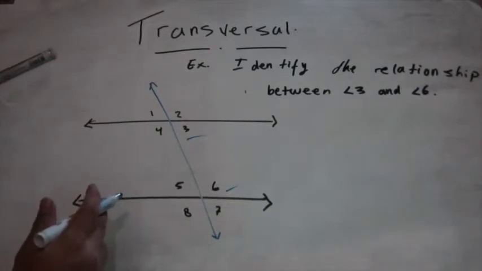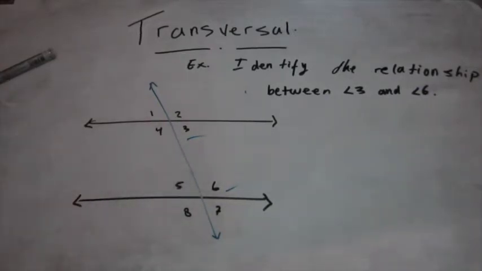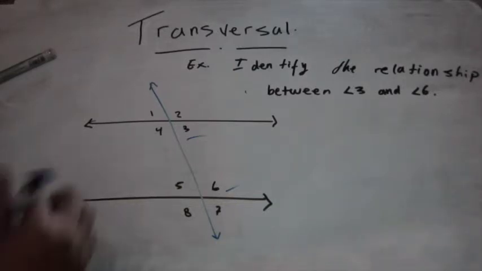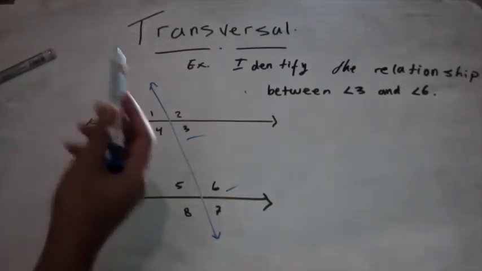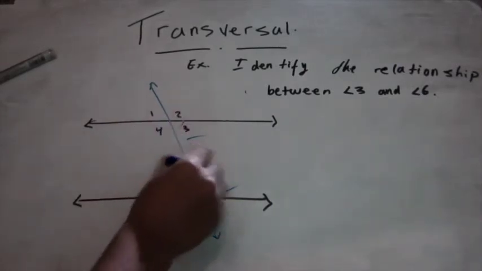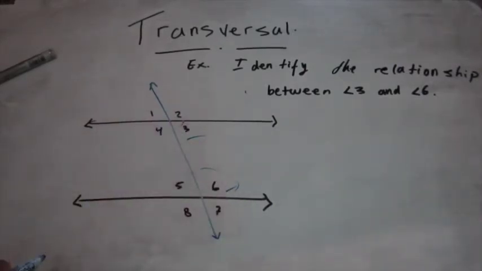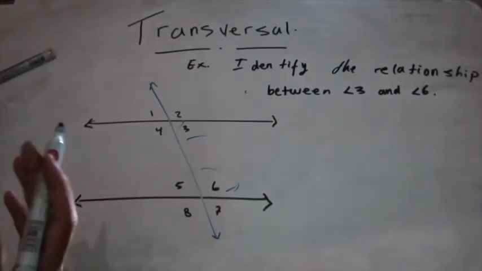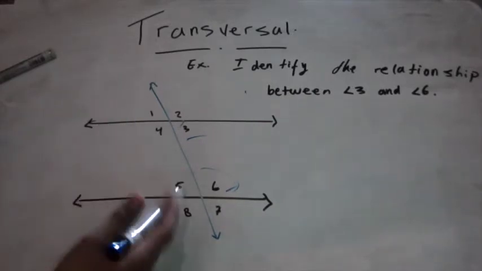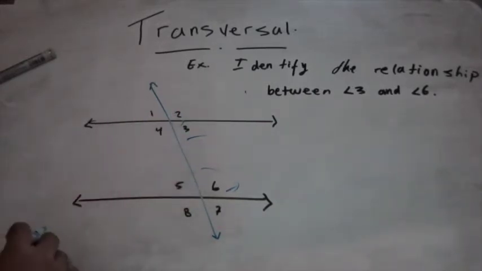In addition, they are supplementary, and they add up to 180 degrees. How do I know that? Well, there are only two angle measures in this whole thing: a smaller one right here and a bigger one right there. So we already identified them as consecutive interior angles and supplementary.